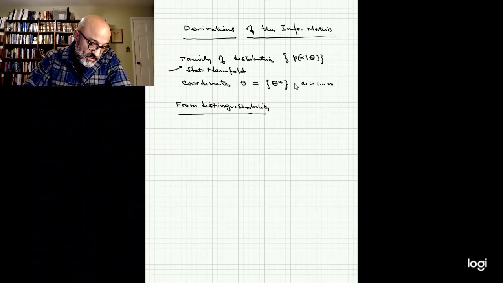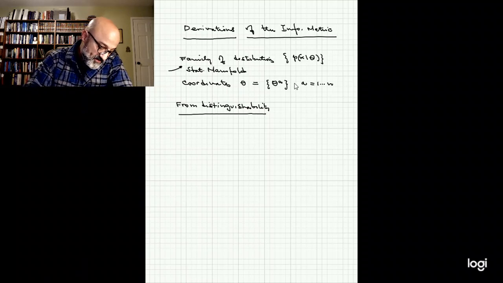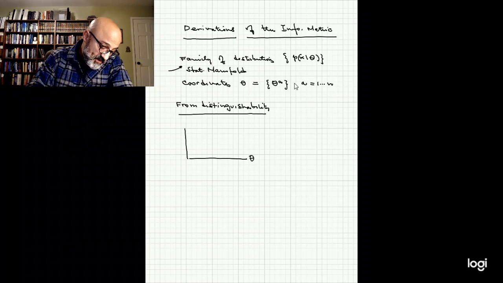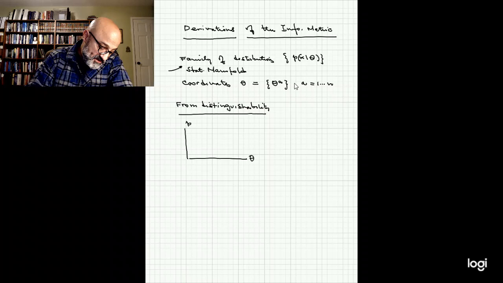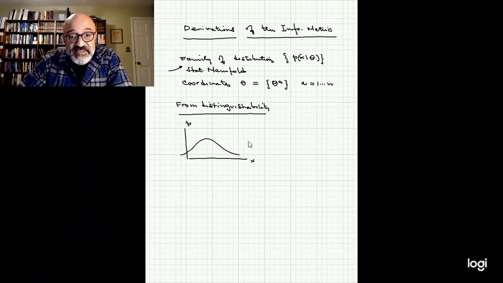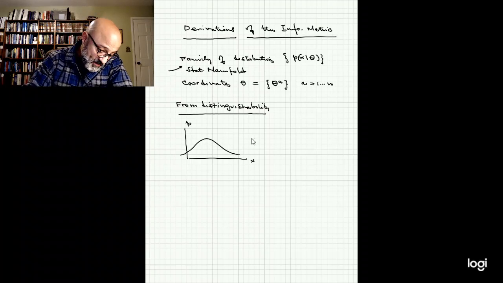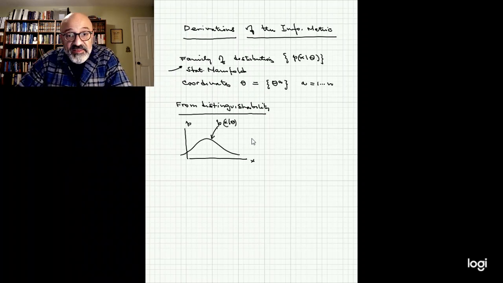Imagine that we have several thetas, and here we have the probability distributions, and we have one probability distribution. I'm sorry, bad picture. Here x is the variable that you are uncertain about, and here we have the probability distribution that corresponds to x and the parameter theta.